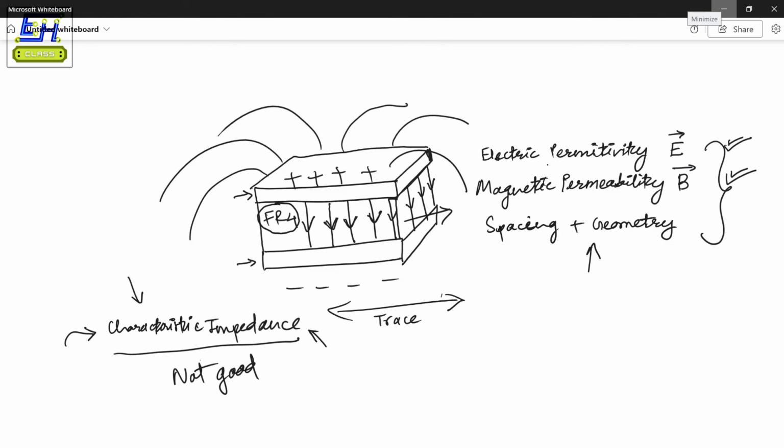And if this thing is not uniform across the trace, then we'll see reflections, and they are not good because we lose energy. We cannot transfer the maximum energy that could have been otherwise. Plus, on top of that, there is also leakage, leaked energy that goes out of the top or bottom depending upon where it is located.